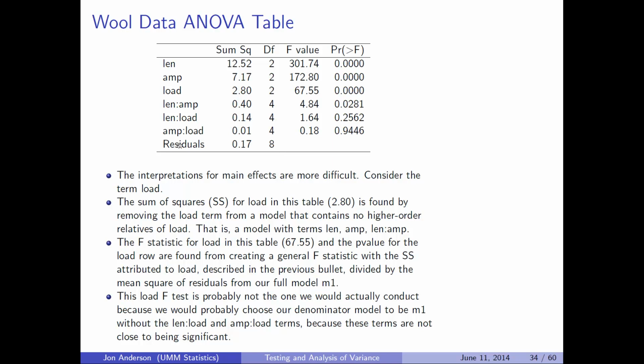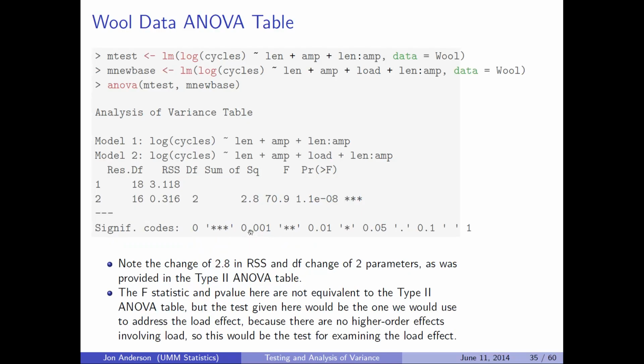Remember, the marginality principle says if you're going to talk about load in a test for load, you can't have any of these higher order interactions with load. So this particular type 2 ANOVA table is not going to be appropriate for testing the main effects. You would have to do that with appropriately structured models.